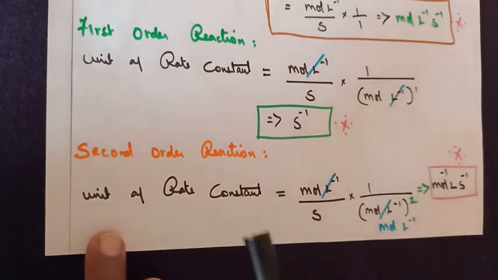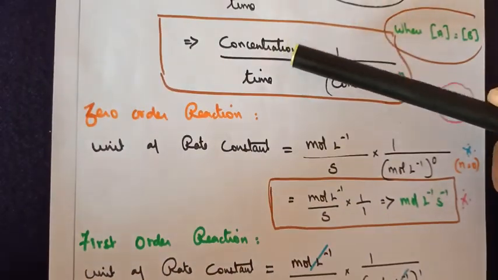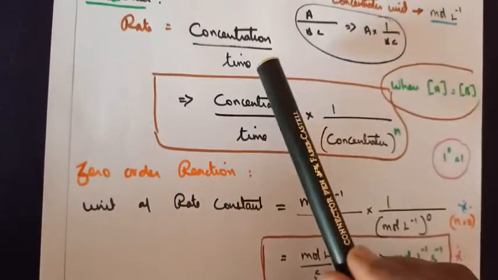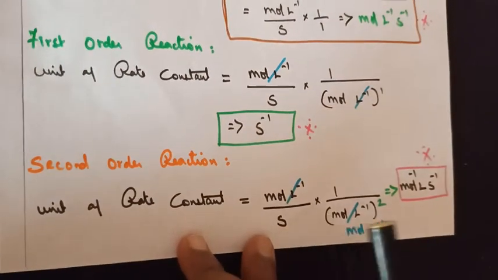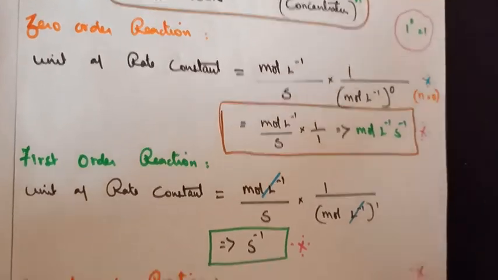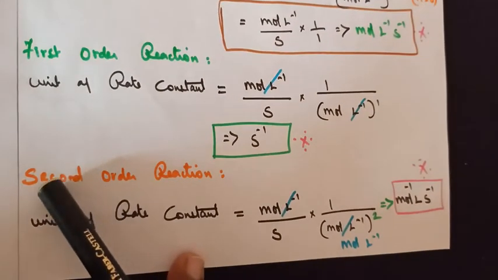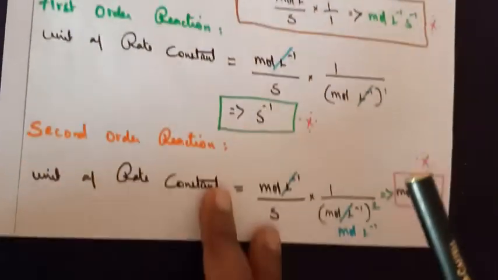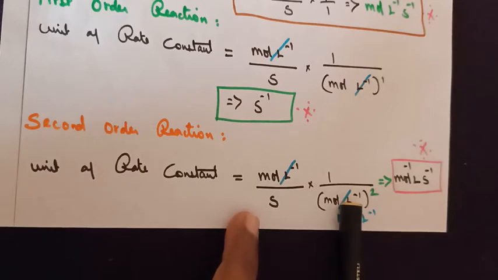Coming back to the last one, second order reaction. Same formula. Consider concentration by time into 1 by concentration to the power n. What's the unit of concentration? Mole liter inverse I have written, by time in seconds, into 1 by concentration to the power n. So 1 by mole liter inverse. Now since we are talking about a second order reaction, in place of n, what should I write here? 2. If you look at it, there are 2 times mole liter inverse present. 1 time gets cancelled here.